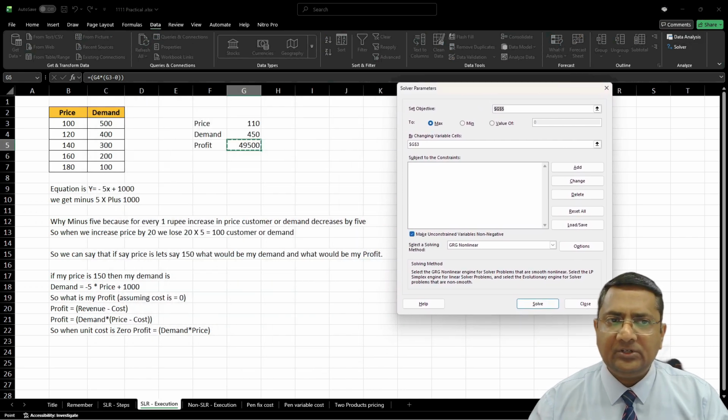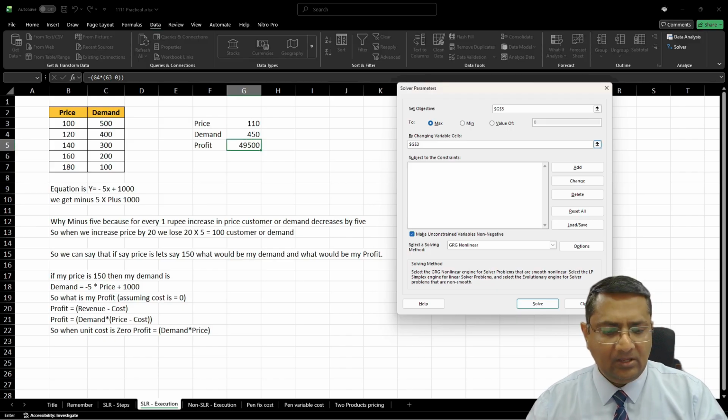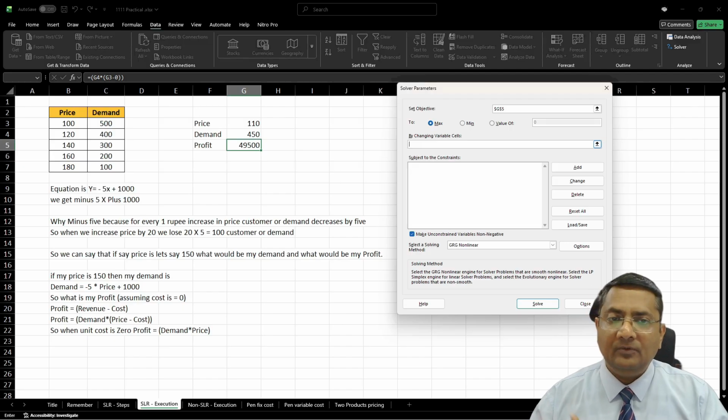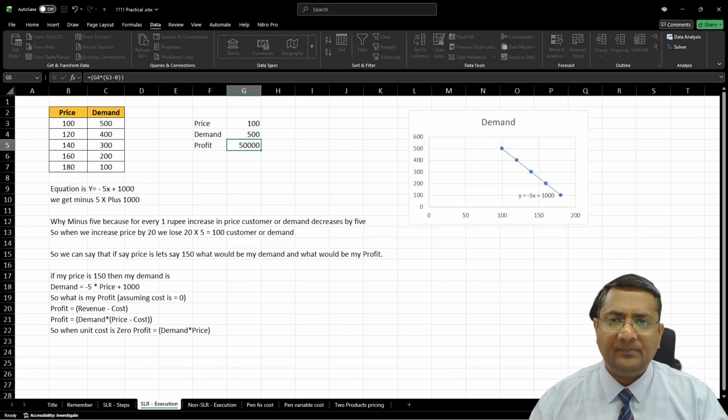In this window, we will give the reference of the profit and set objective to maximum, because our objective is to maximize profit. And in this window, we want to find out the price, and it is our variable, so we'll click here. Just click solve, then press OK.